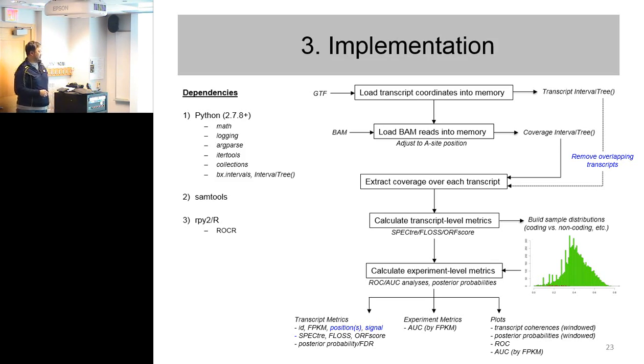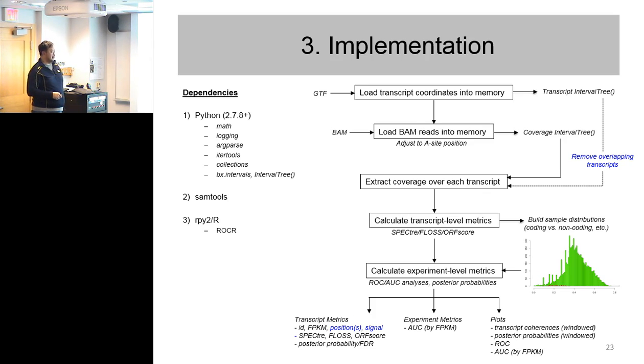So what we do is, first feeding in the transcript GTF, we load all the transcript coordinates into memory in the form of an interval tree. We then load the BAM alignments into memory, and after adjustment to take into account the A site or P site position within the ribosome, that's also converted into an interval tree.